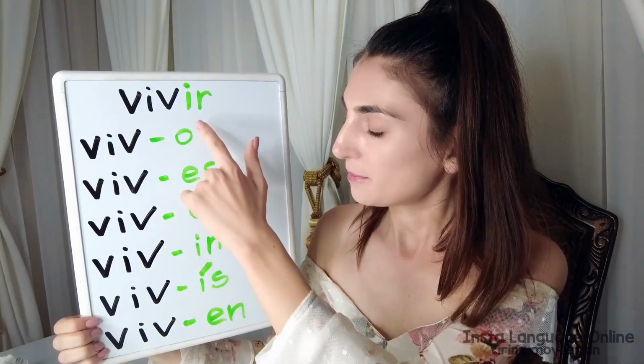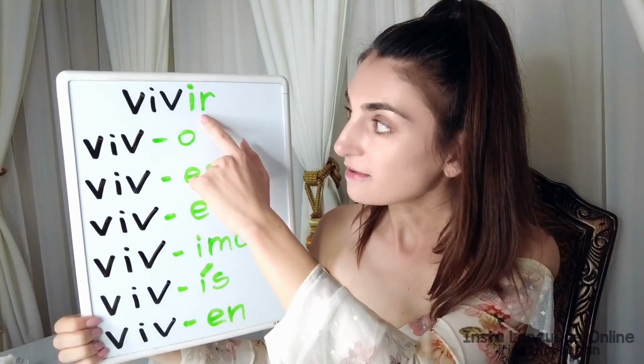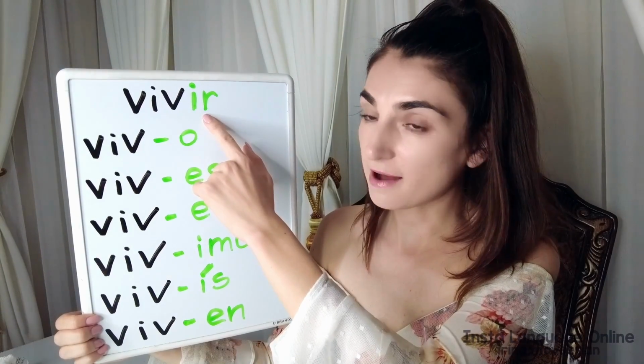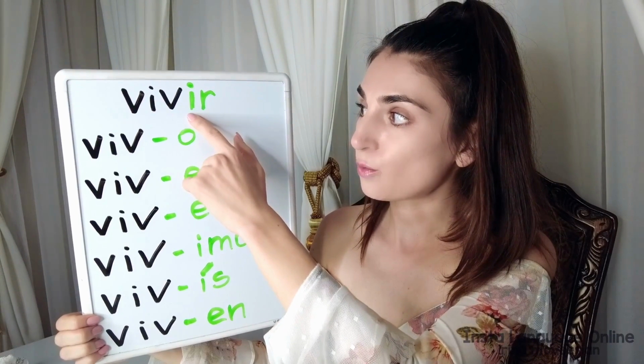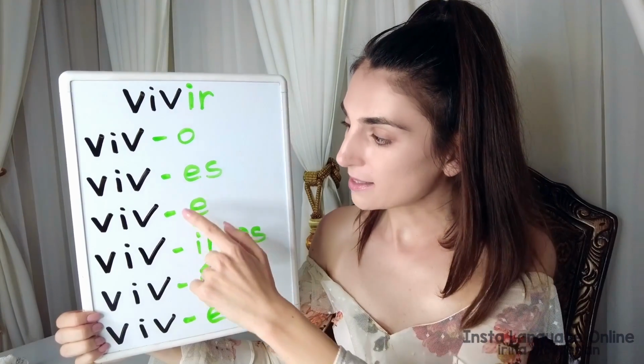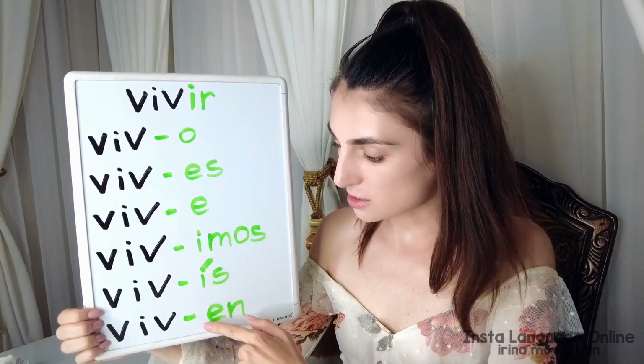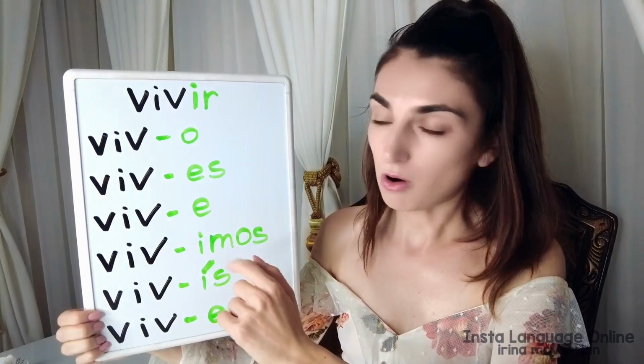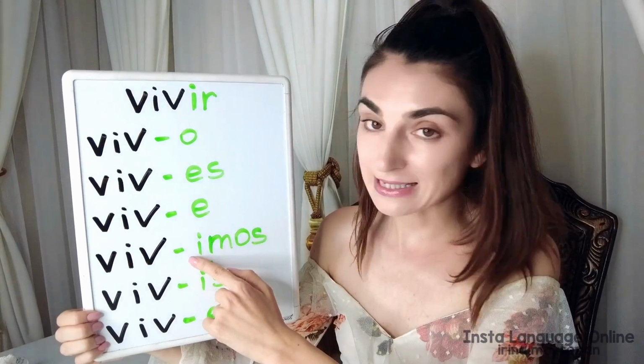So please pay attention. Even if we have here the ending with the letter i, ir, we have a combination, a mixture of e and i.